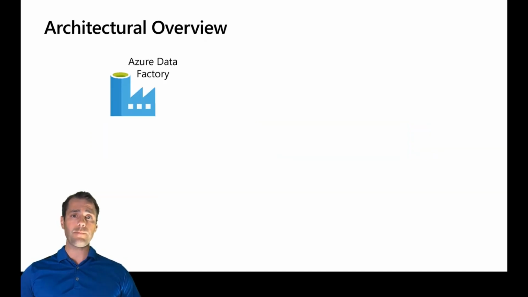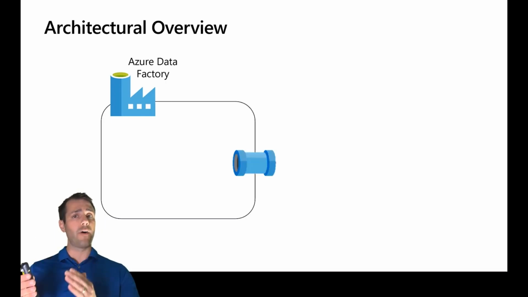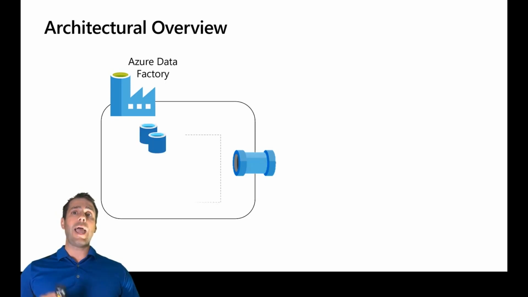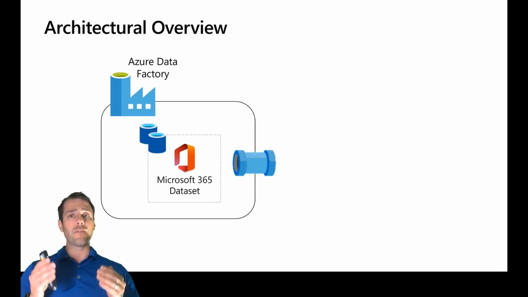If we take a look at the high-level architectural diagram from Microsoft Graph Data Connect, it starts with Azure Data Factory. In Azure Data Factory, you will define your pipeline to start doing the export of the data. And as part of that pipeline, you're going to define a source data set, in our case, Microsoft 365 data.